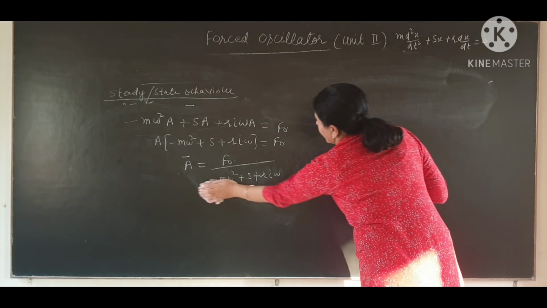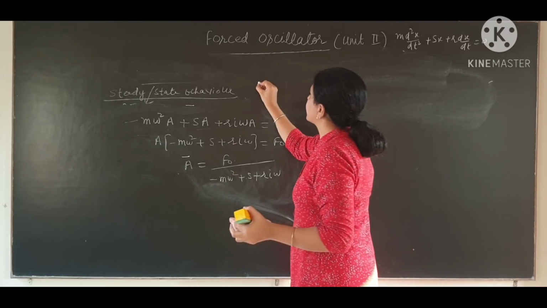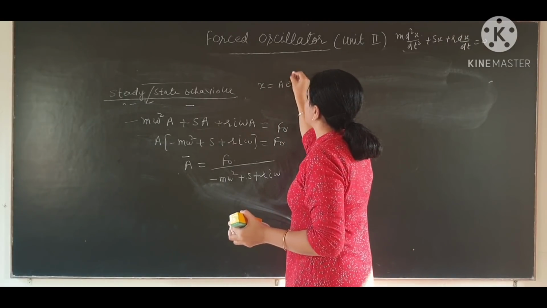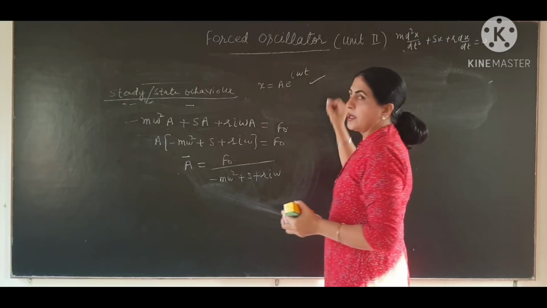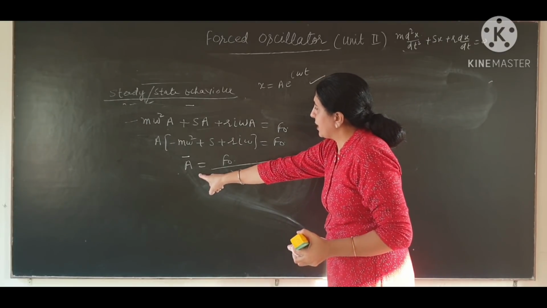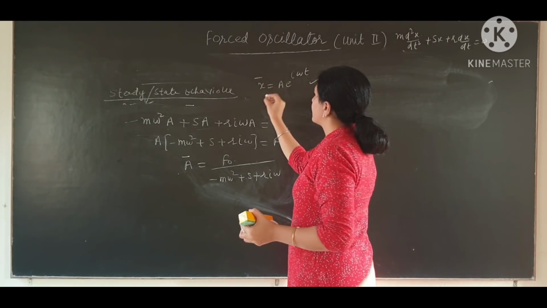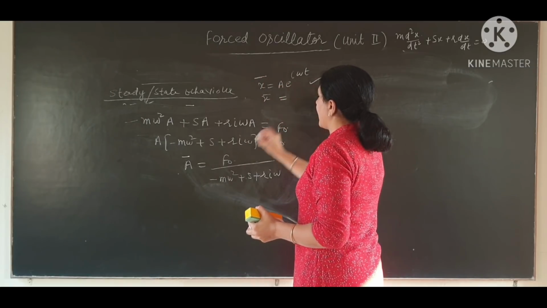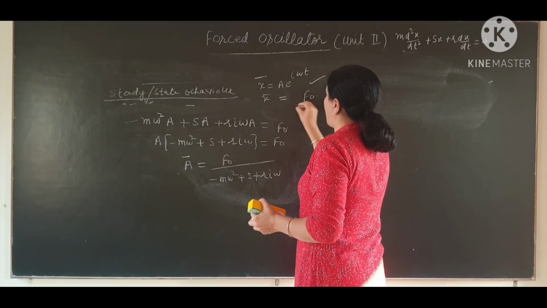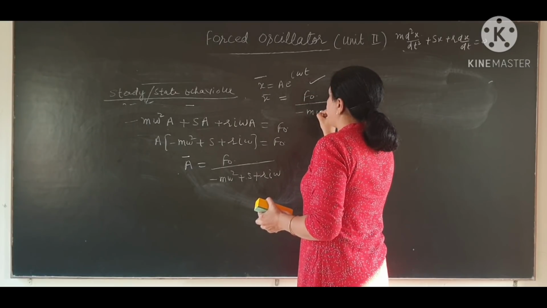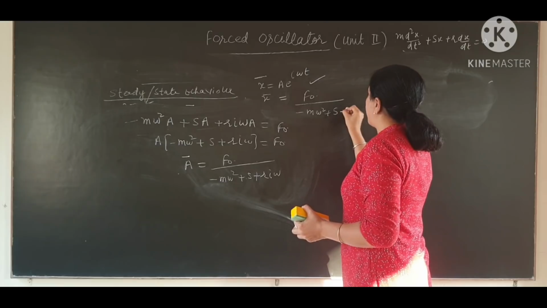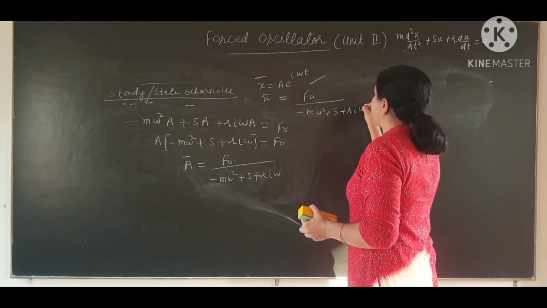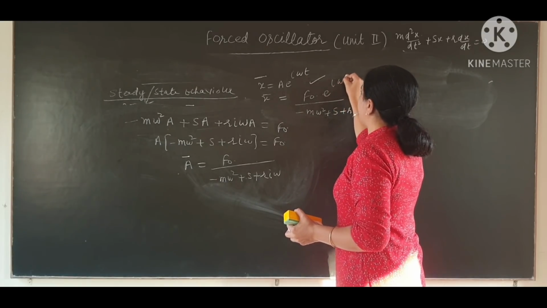Now we have x is equal to a e raised to power iota omega t. So put the value of a from here to here. I write here vector x is equal to f naught upon minus m omega square plus s plus r iota omega, times e raised to power iota omega t.